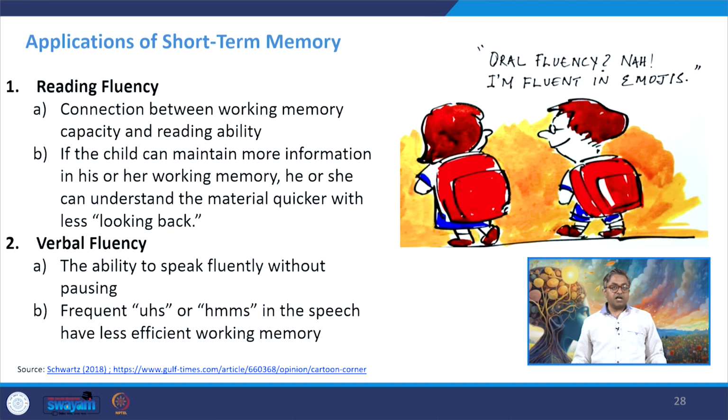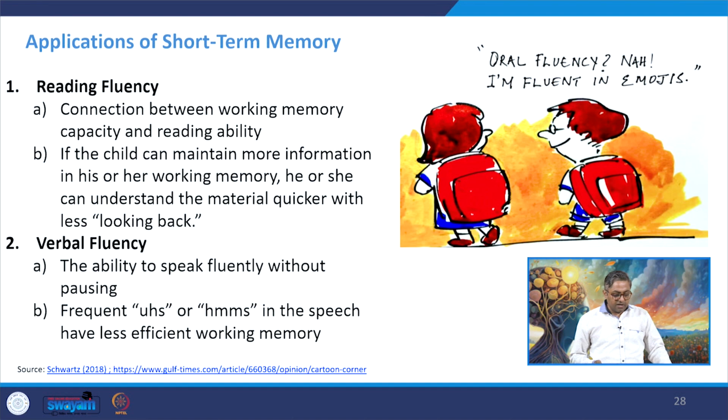The two tasks you are seeing on your screen require a similar approach in working memory processes. If we talk about reading fluency, the information needs to be held in the working memory system for some period of time, and only then can this information be passed to the central executive system for further processing.